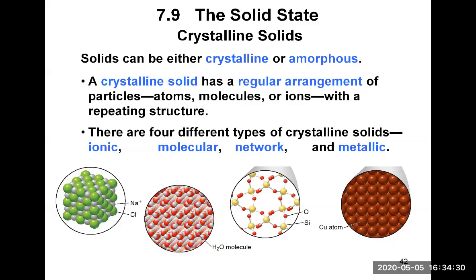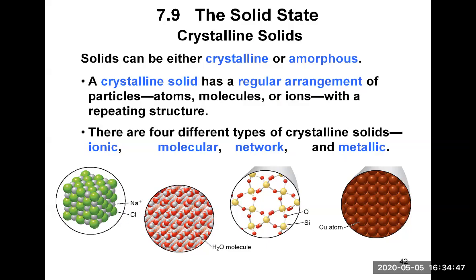And then the last type is the network crystalline solid. The network, for example, sand, which is SiO2, forms a network.